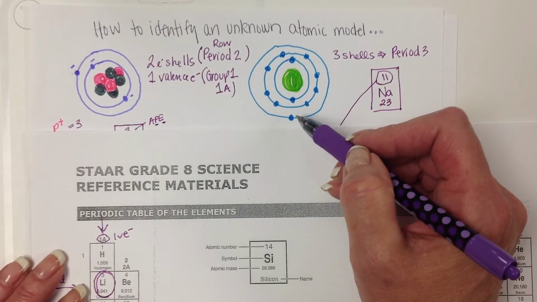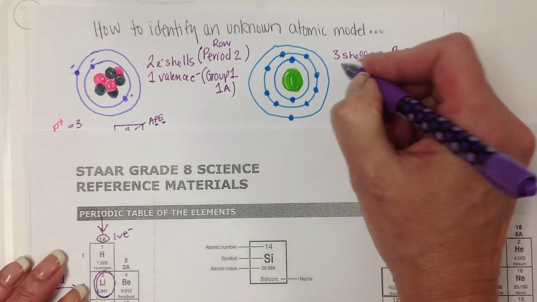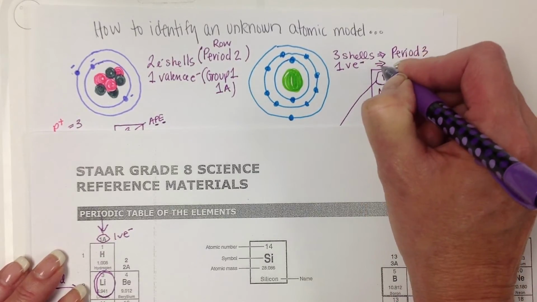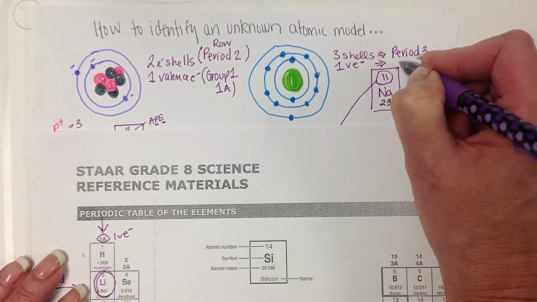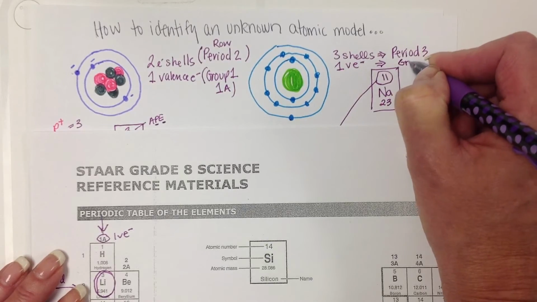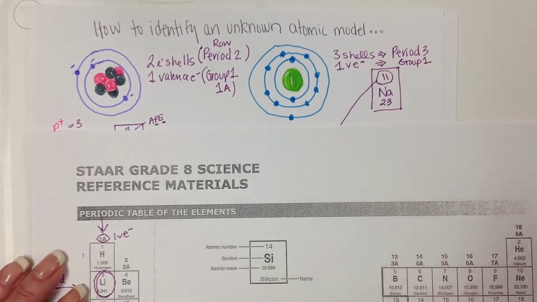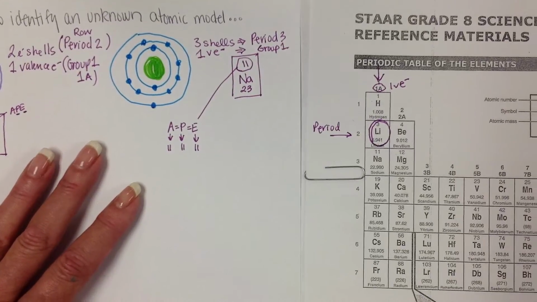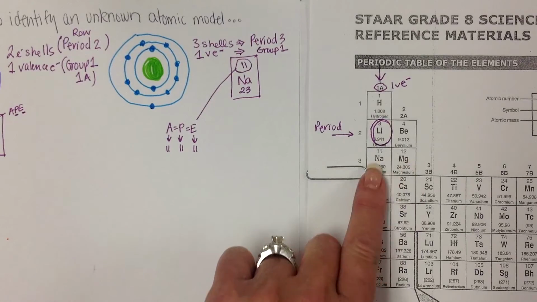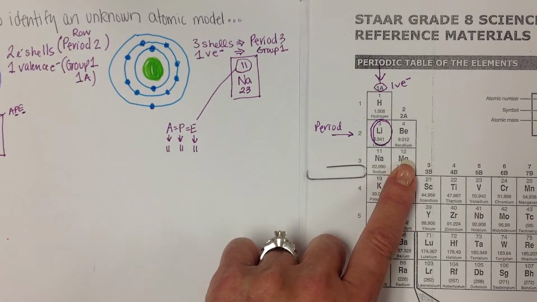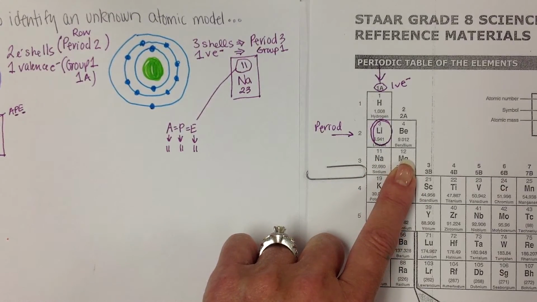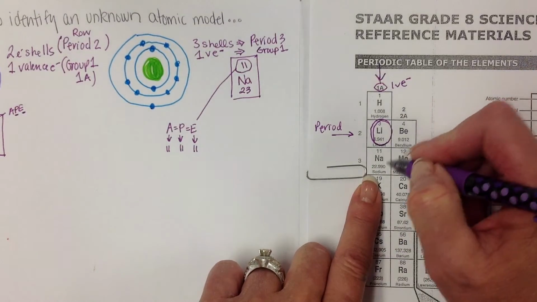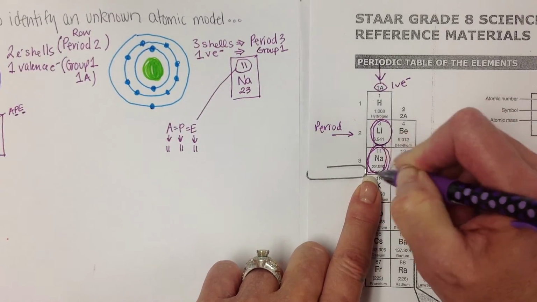And we said it had 1 outermost electron, so it's got 1 valence electron, meaning it's got to be in group 1A or group 1 with 1 valence electron. So let's look. We say 3 shells, so this is going to be in this row, period 3. Group 1, because of 1 valence electron, and yes, there it is, another way to identify.